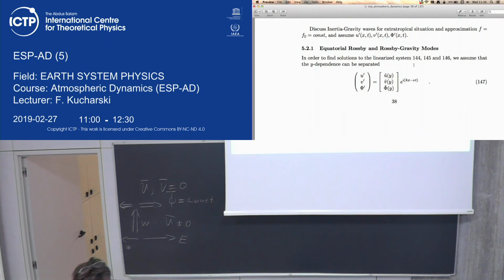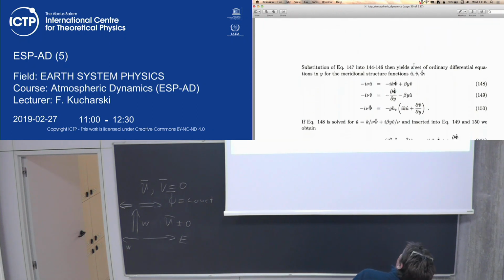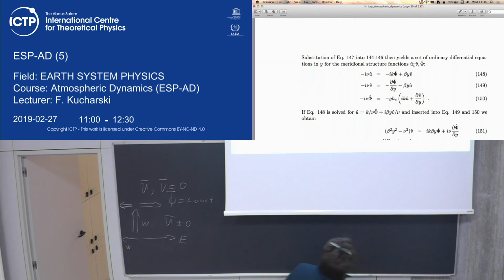It is one of the tricks that is used in math to solve an equation with non-constant coefficients, to say that the dependence on y is separated from the dependence on x and t. And then you try, is this a solution or not? You just insert. And if it fulfills the equation under some conditions, then you have found a solution. You can simply try. And if you try, it's very simple.